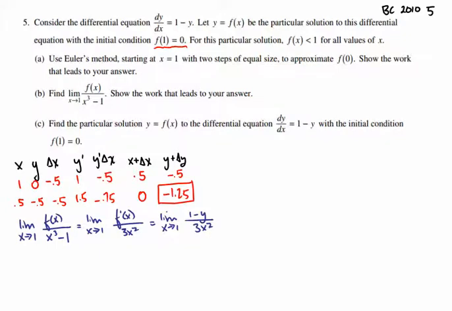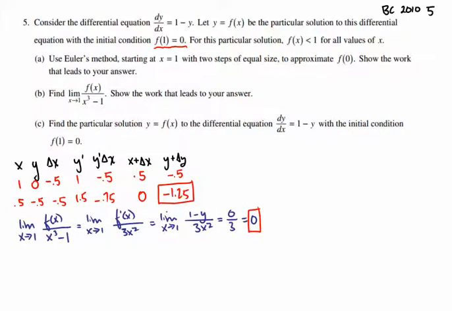And as x approaches 1, again, the initial condition was that y approaches 0. And so we end up with 0 over 3 times 1 squared, which is 0 over 3, which is 0. And so that would be our answer for part B.